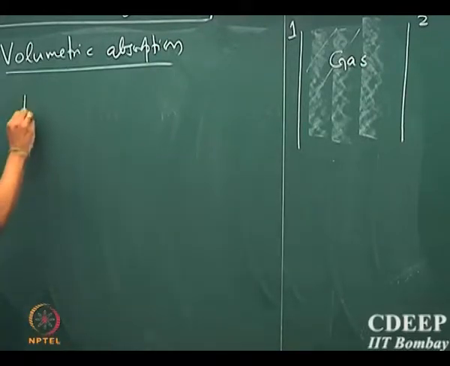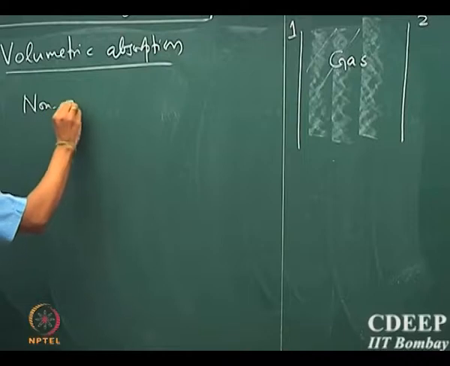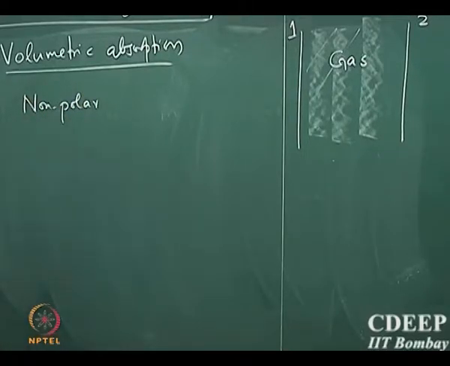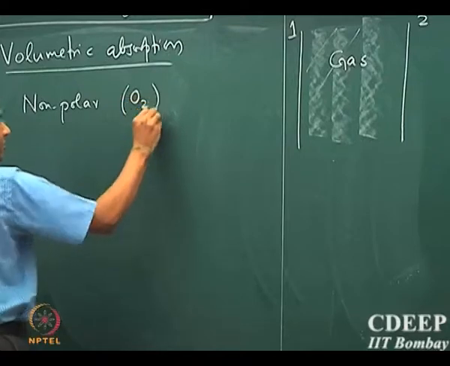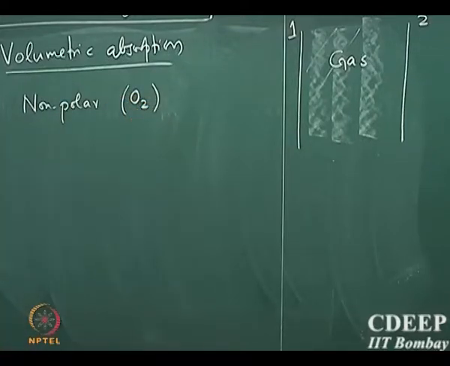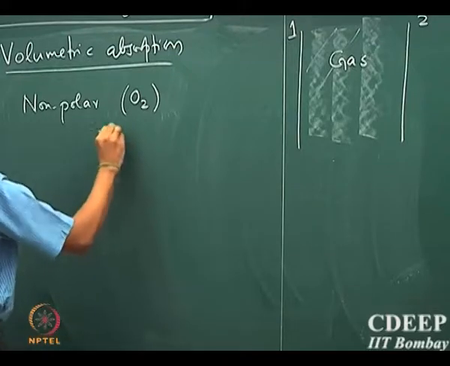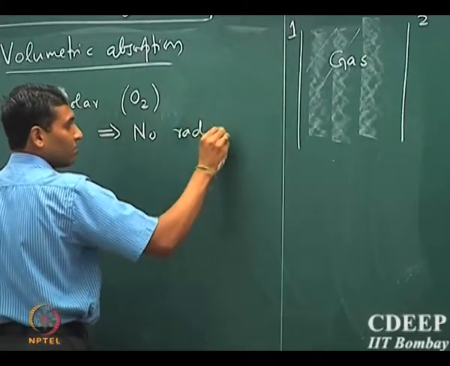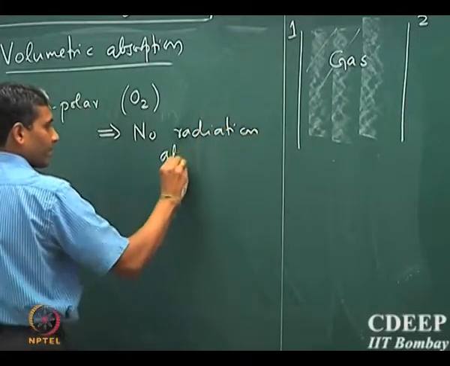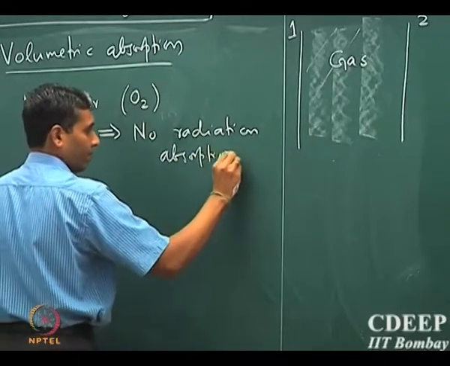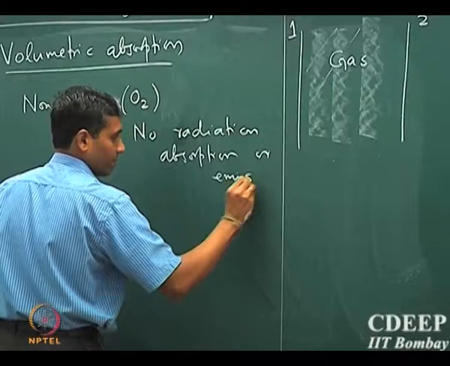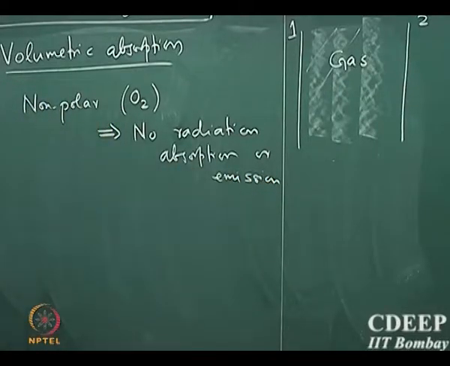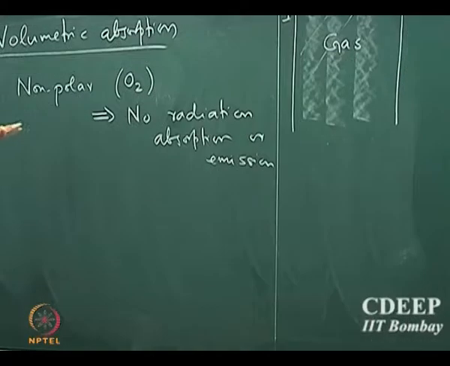Supposing it is a non-polar gas, for example oxygen, they have almost no radiation absorption, the absorptivity is almost 0. They do not absorb or emit radiation, and that is because of the nature of the gas. It is a non-polar gas, and so they do not absorb or emit radiation.